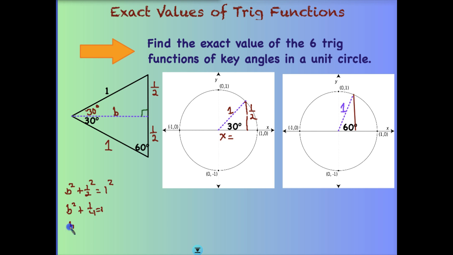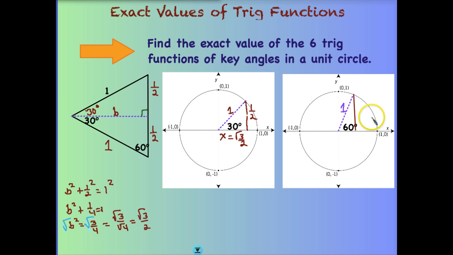If we subtract 1/4 from both sides, then b squared equals 3/4. And finally, taking the square root, we end up with b equals square root 3 over square root 4, which is just square root 3 over 2. So this value here is square root 3 over 2.